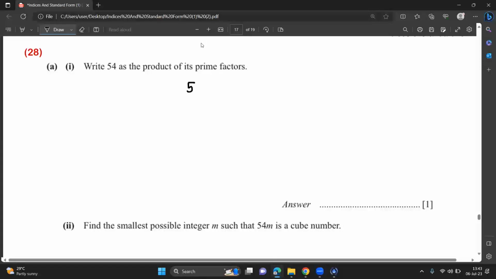I want all of you to do this division. You all know this method, right? Yes. So first divided by 2, 27. Can I divide this by 2 again? No. Answer? Now again by?